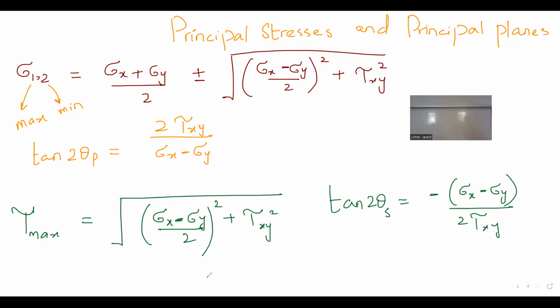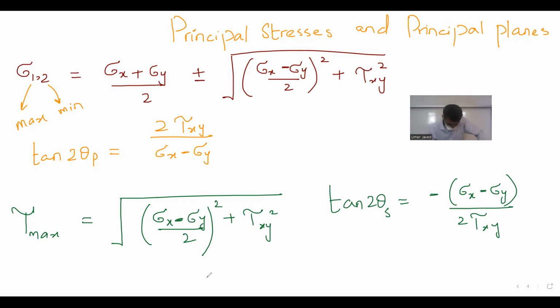So using these formulas, if I give you a simple stress problem, you will be able to tell me on which plane the maximum normal stress happens, on which plane the minimum normal stress happens, and on which plane the maximum shear stress happens. That's pretty much it.